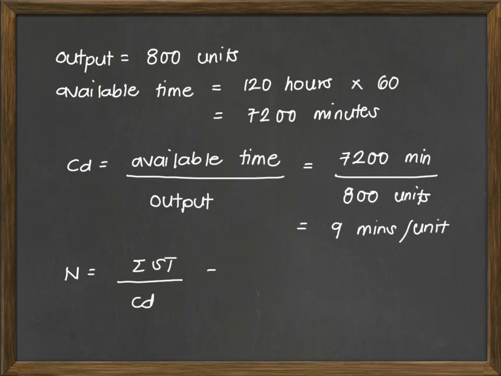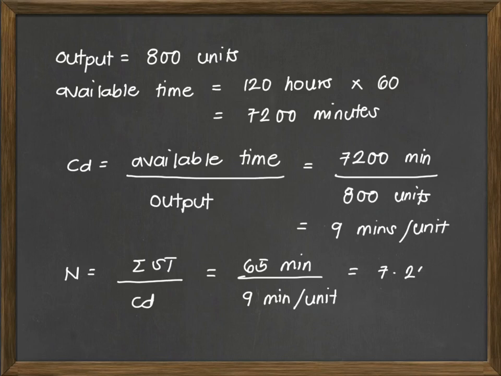So that will be 65 minutes divided by your 9 minutes per unit. And that should give us a value of 7.22 stations. Or again, rounded up, this will be 8 stations.